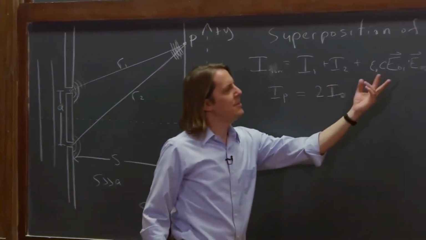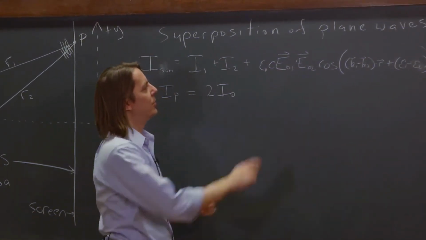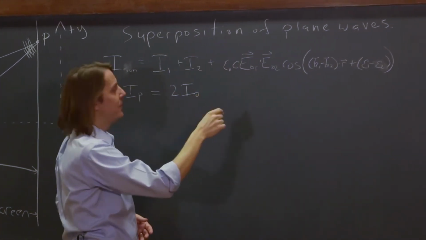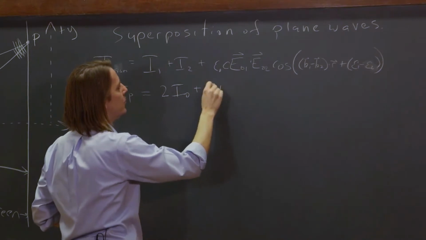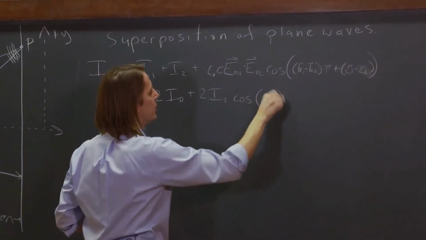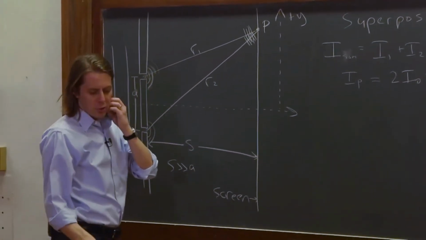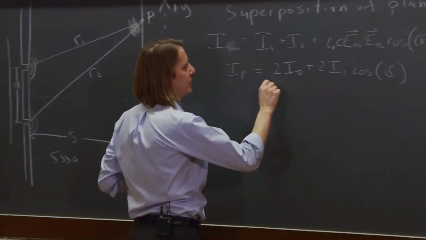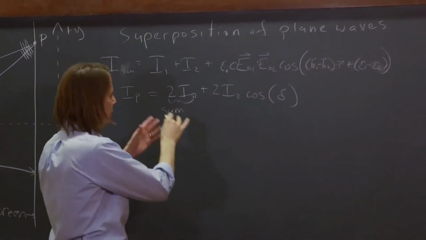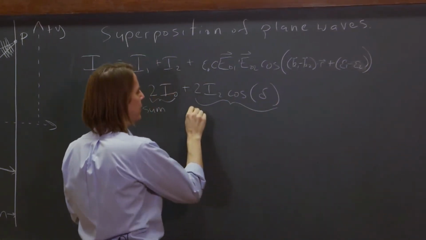And if they have the same E field and you square it and turn it into an irradiance, that's actually 2 I naught again, because usually to turn an E field into an irradiance there'd be a half, but the half is missing in the interference term. So that's plus 2 I naught, and then cosine of delta, where delta is the phase factor. When we write it this way, this is just the sum of the irradiances of the two original plane waves, and this is the interference term.